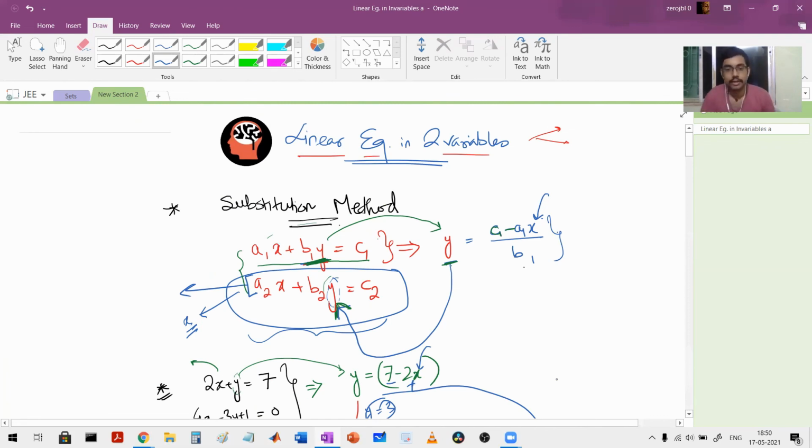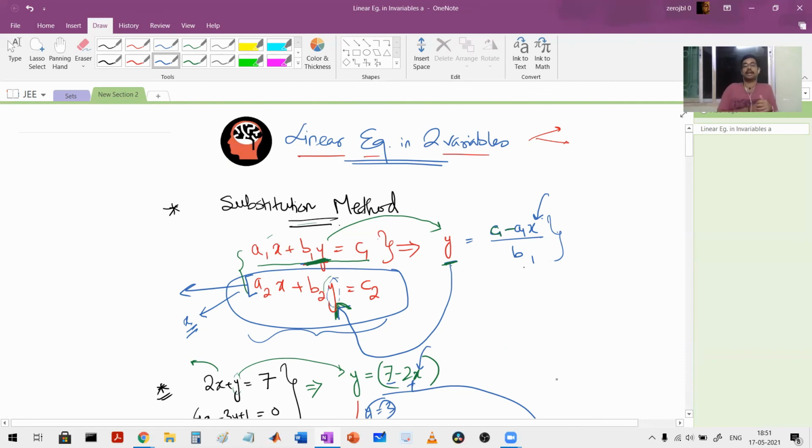Good. So substitution method, what do you do? Exactly. Take one equation, find the value of one variable in terms of the other variable, and then substitute that variable in the next equation so that you have a univariate equation to find out the variable.